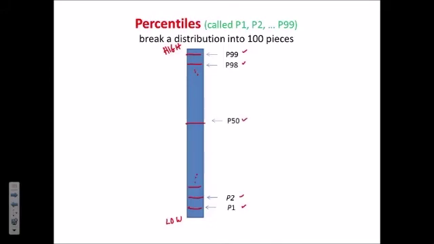We also call P50 the 50th percentile. P2 would be the 2nd. Sometimes you abbreviate it like this, 2nd percentile. If your child's teacher says your child is in the 10th percentile in mathematics, well, that would be relatively low.